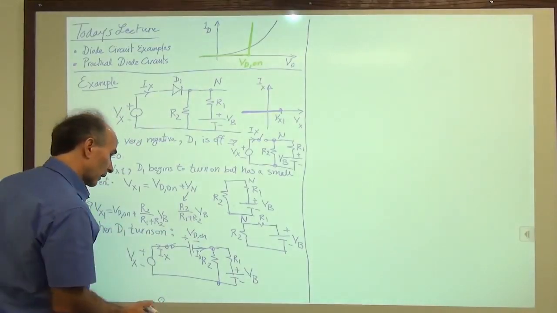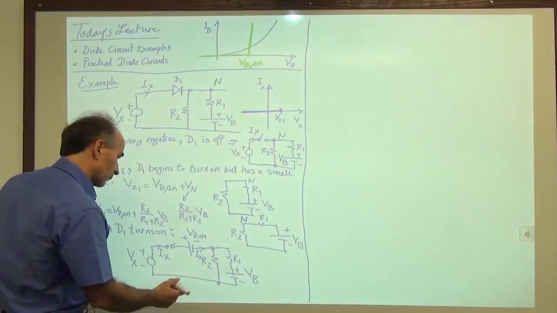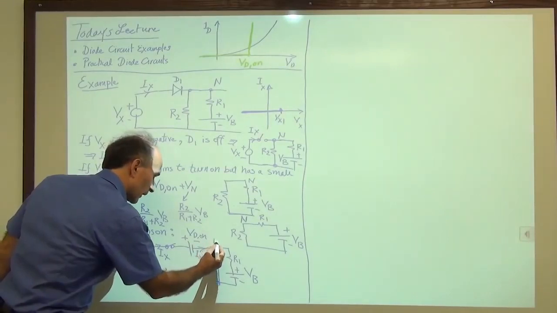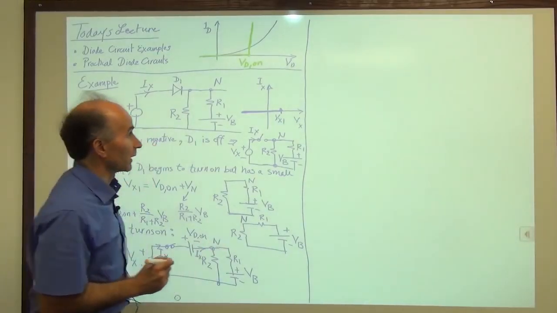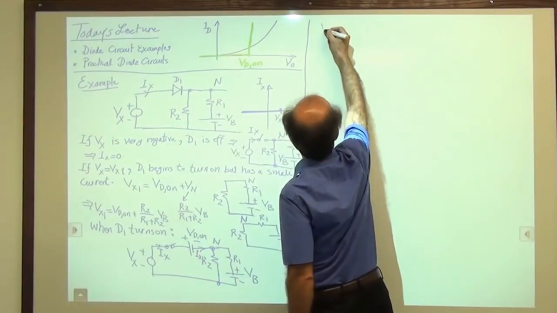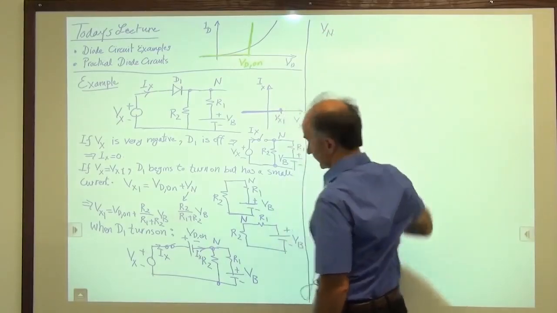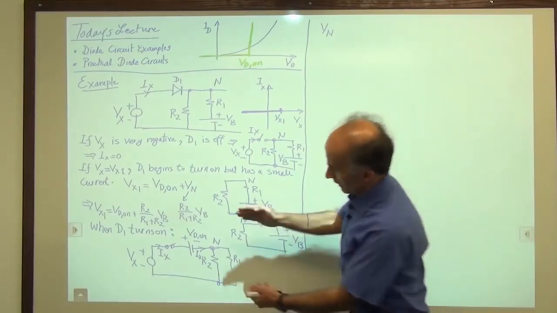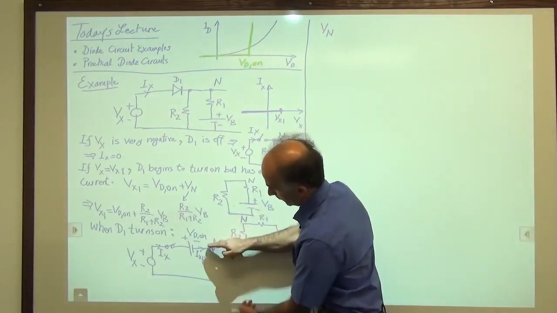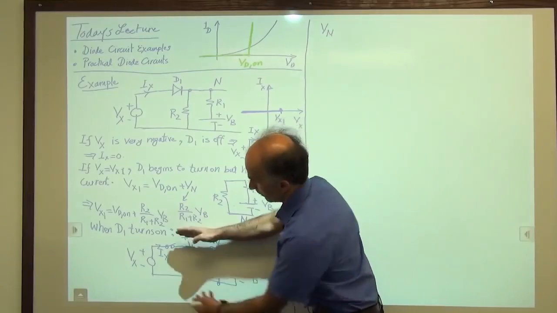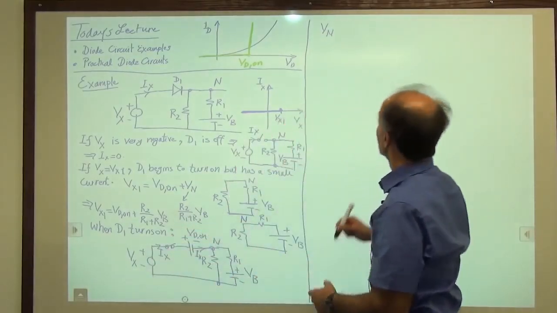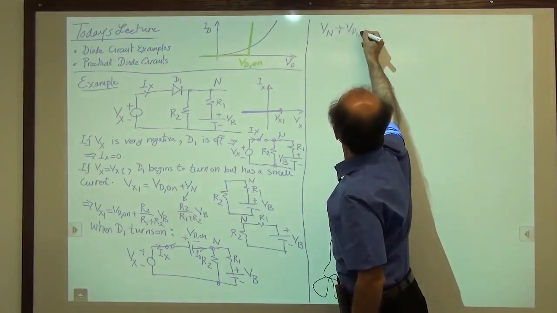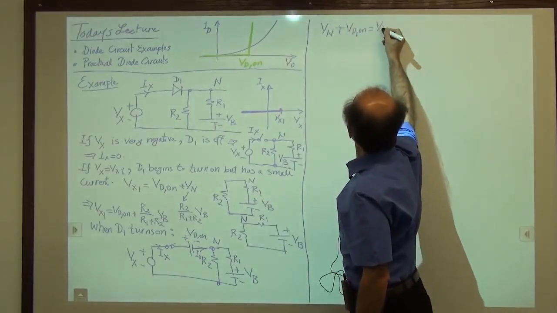Now, to find that, what we can say is that this voltage here at node N is the following. So Vn, let's write one KVL. This voltage is Vn plus this voltage, Vd on, must be equal to this voltage. So we can say Vn plus Vd on is equal to Vx.